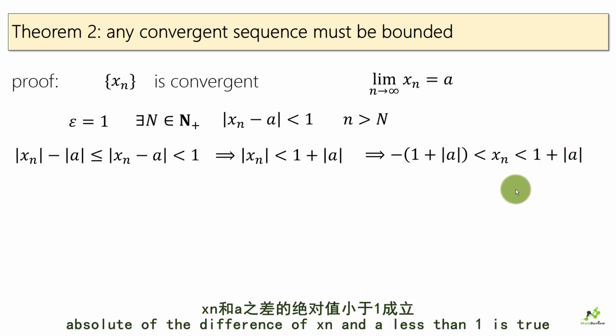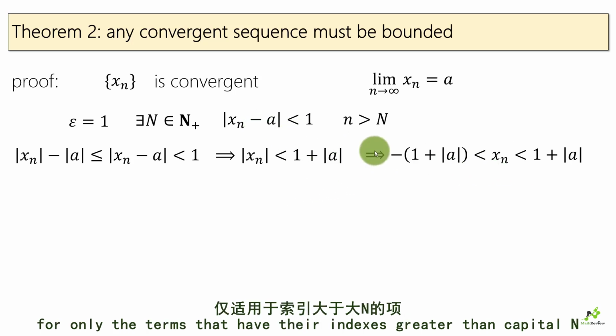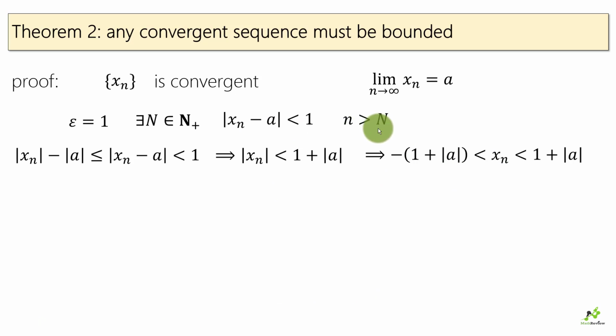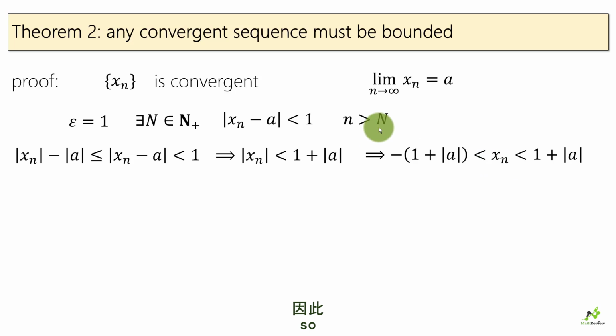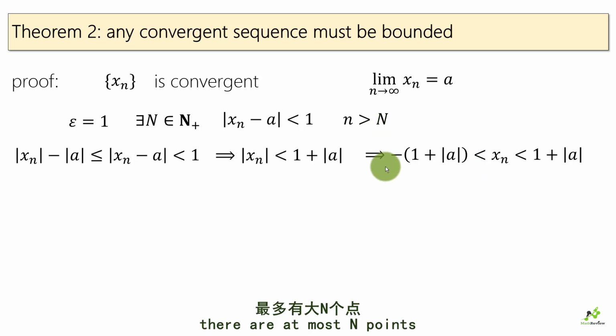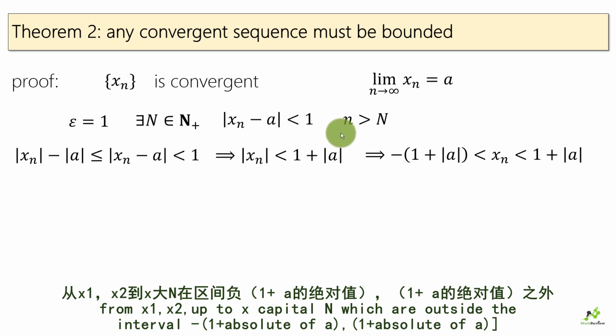The inequality absolute of the difference of xn and a less than 1 is true for only the terms that have the indexes greater than N. The index n in this xn is greater than N. So, there are at most N points from x1, x2, up to xN which are outside the interval negative 1 minus absolute a, 1 plus absolute a.